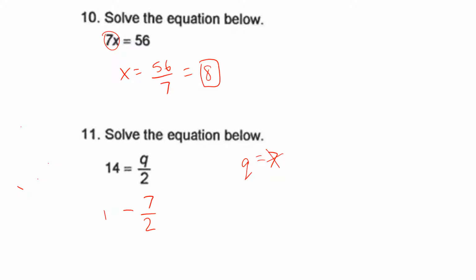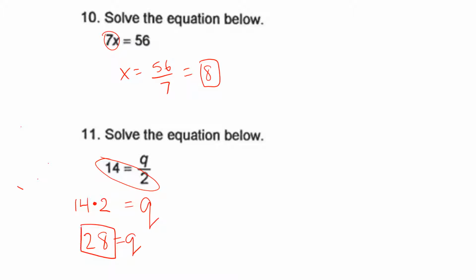So let's do this right. Okay, so the right way to do this is simply multiply these two numbers. Q is equal to 14 times 2, and 14 times 2 is 28. So that is the answer we're looking for.